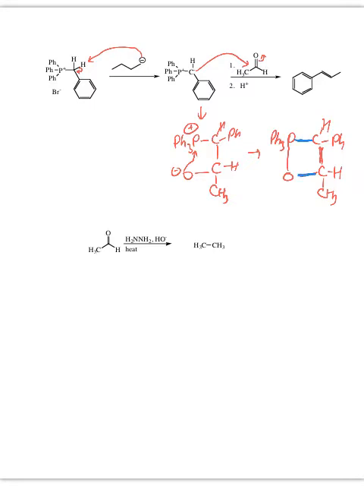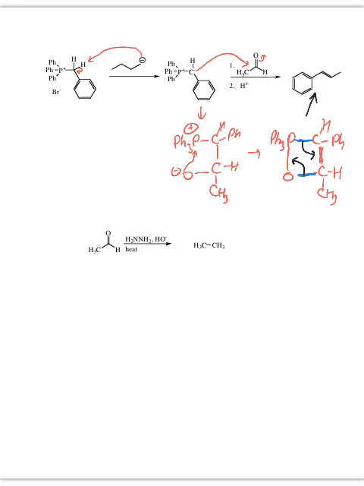So those two bonds have to break. The best way for them to break is where the oxygen, which is more electronegative than carbon, is going to pull the electrons towards it, and the carbon is more electronegative than phosphorus. So when that bond breaks, it'll go towards the carbon, giving us our desired product.